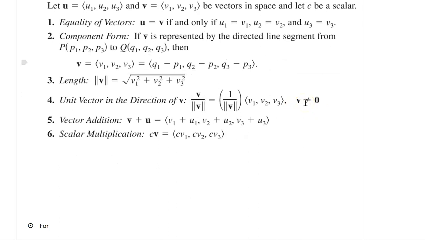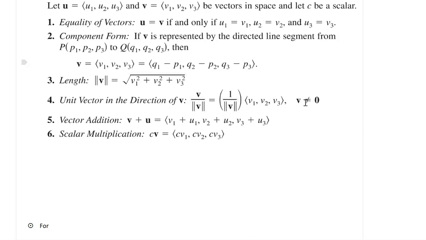Now, one thing that's very important to understand about 2-space versus 3-space is context. So we saw an example when we were talking about 2-space where the i component was 0, and so the vector was just 6j. Now, it's understood in something like that even though there wasn't an i written there, there could have been. Okay?